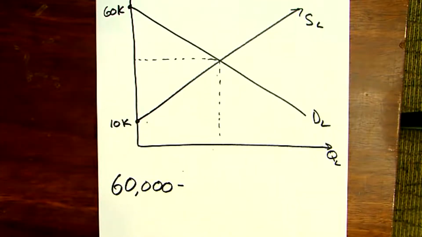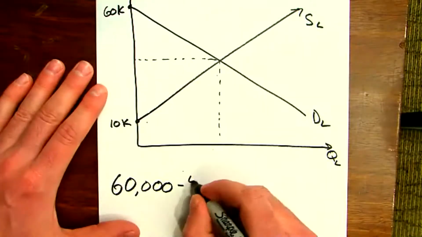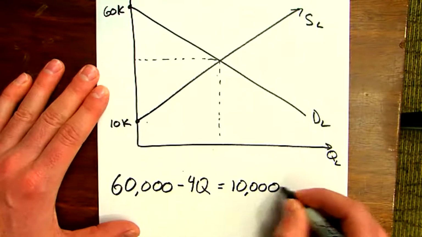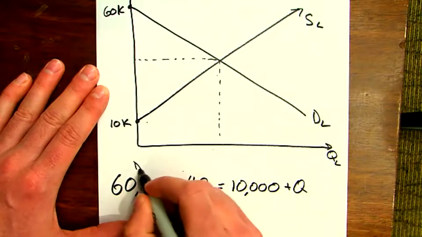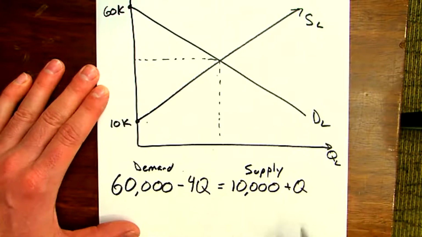The other one was just plus Q. Is it 4Q? Yeah, 4Q. So minus 4Q, set that equal to supply. So we set our supply equal to our demand.